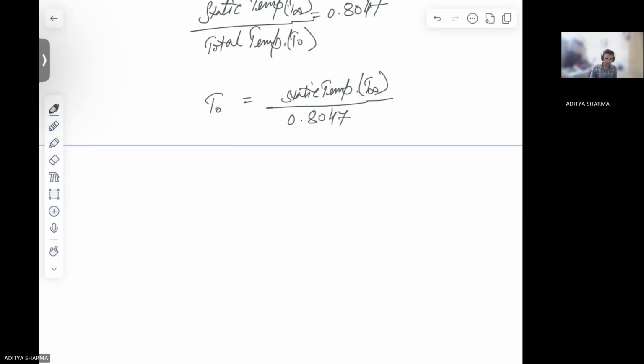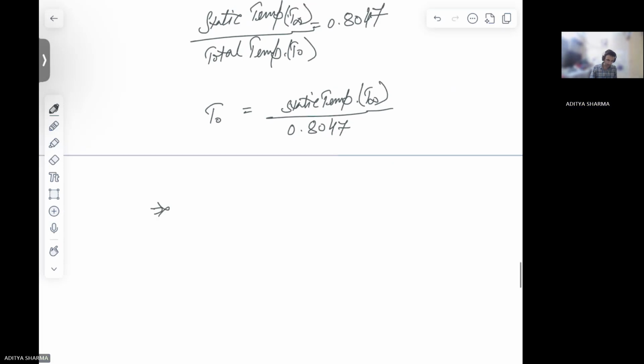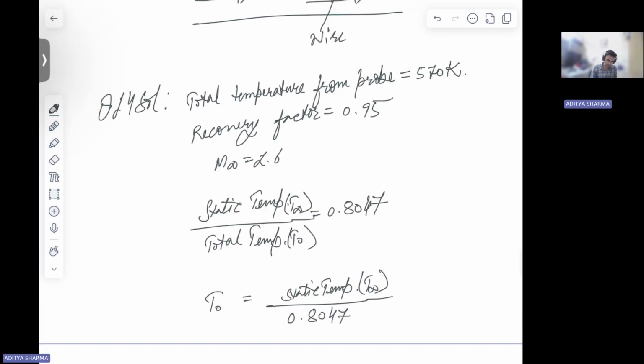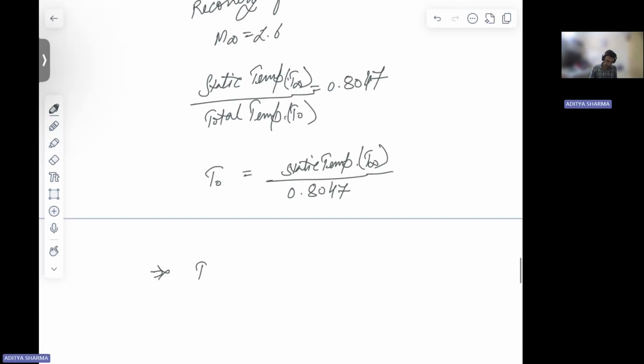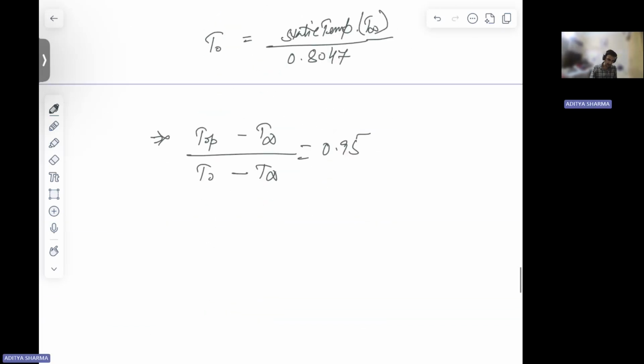From your recovery factor formula, let's call the probe value T naught probe. So (T naught probe minus T infinity) by (T naught minus T infinity) equals 0.95. This is the recovery factor.